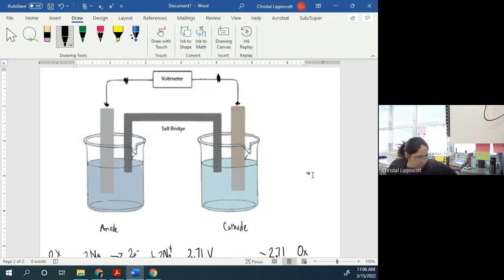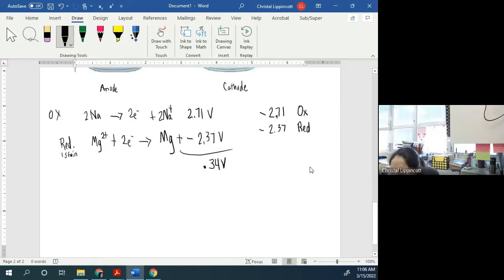So we've done A, B, and C and D here. We didn't do the overall equation. I guess we could do the overall equation too. So letter A asks for the overall equation. So that would be 2Na plus Mg2+ yields Mg plus 2Na+.